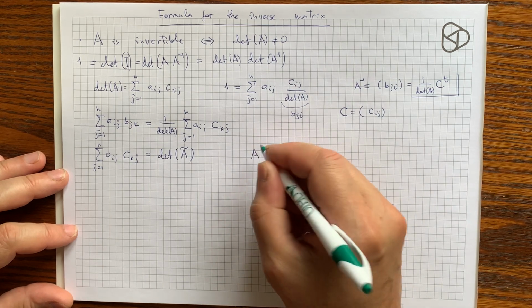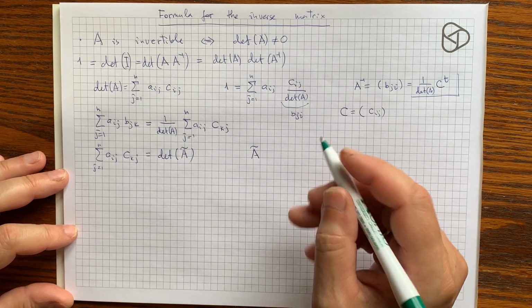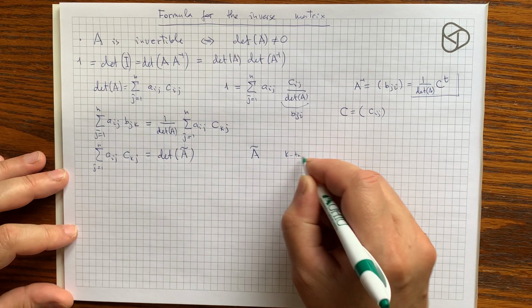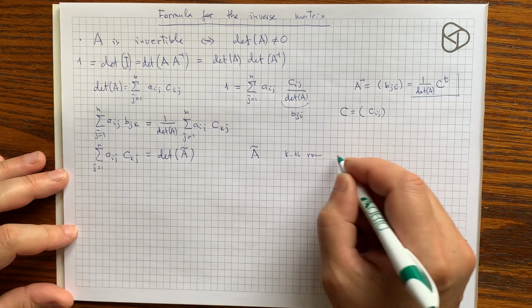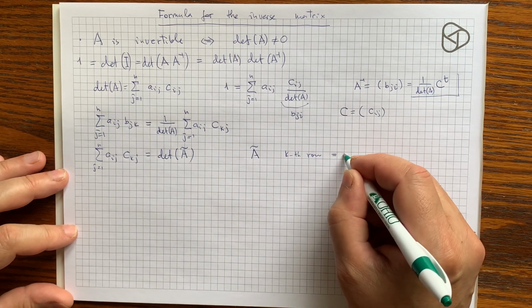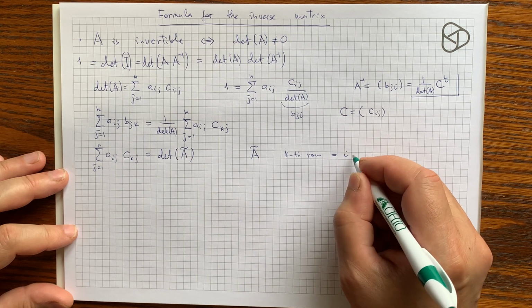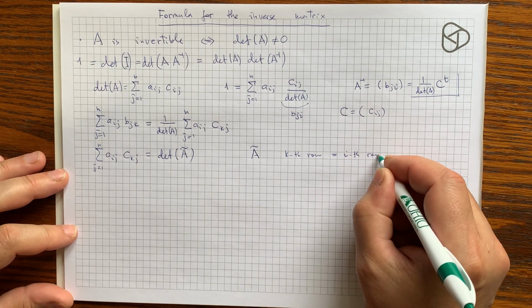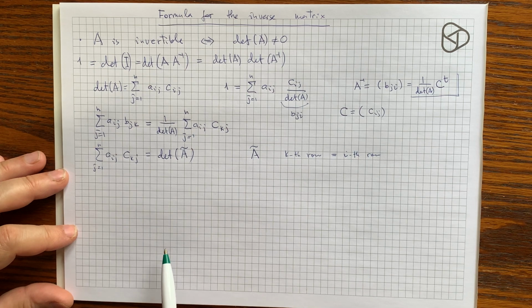If we take matrix A and take the kth row and replace it by the ith row, not changing anything at all.